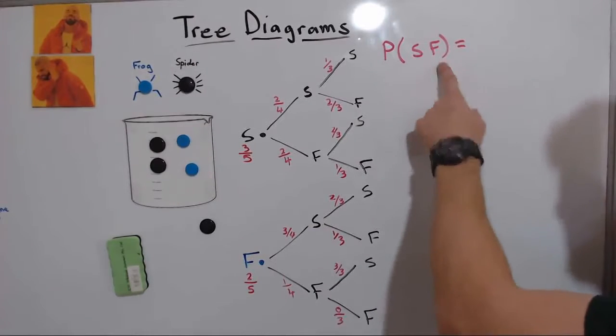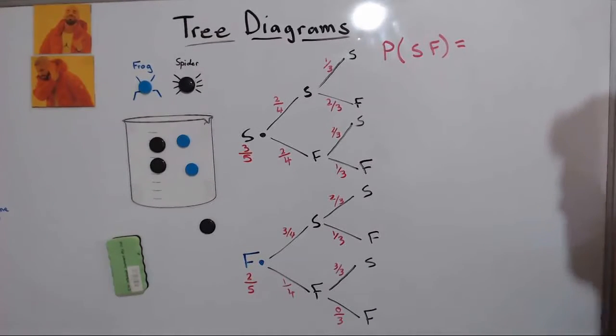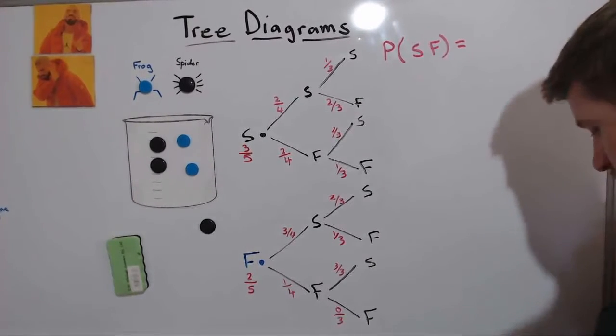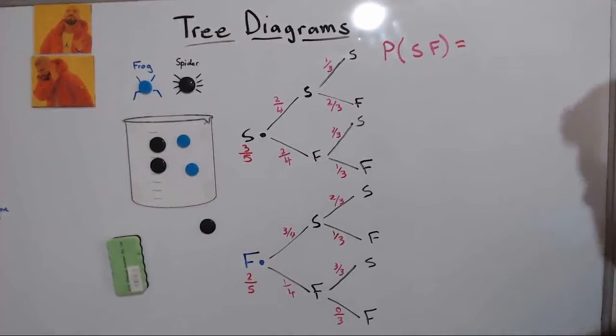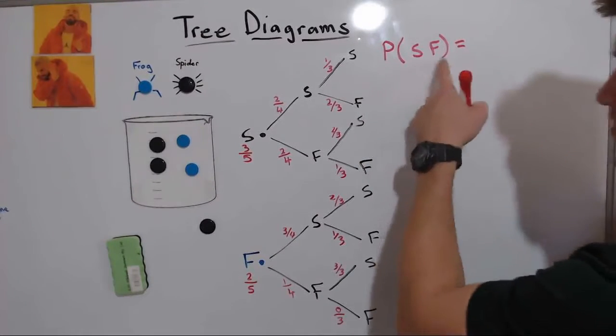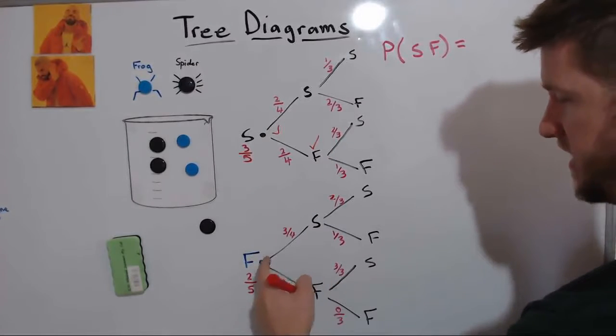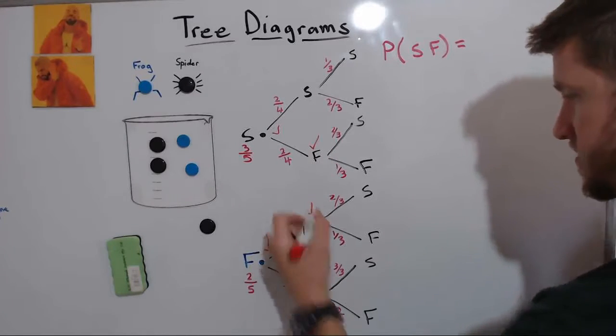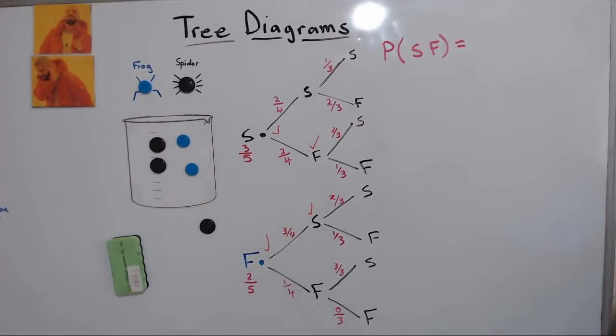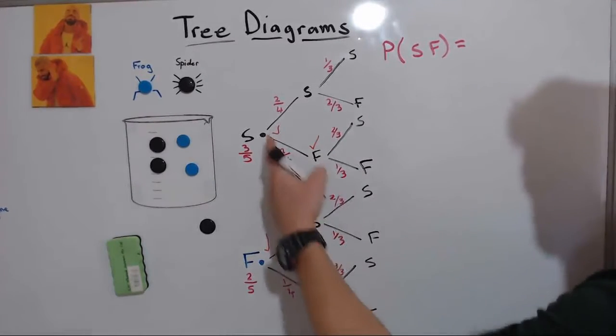I would still end up with 1 spider and 1 frog. So if the order is not important, we can say, look at the chart, circle everything that suits what we want. So spider, frog, we've got spider, frog. Here I can take frog, spider. So there's actually 2 ways that I can get what I want. We look at the top half, just like we did before.